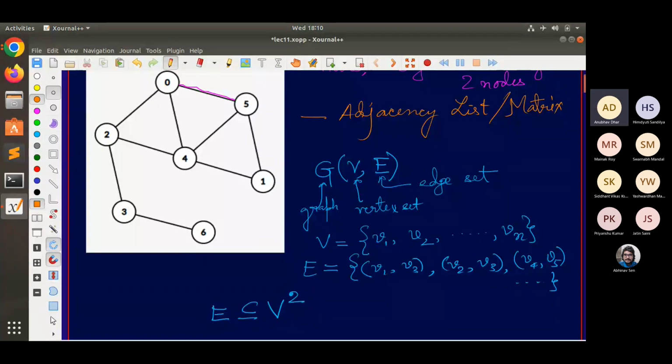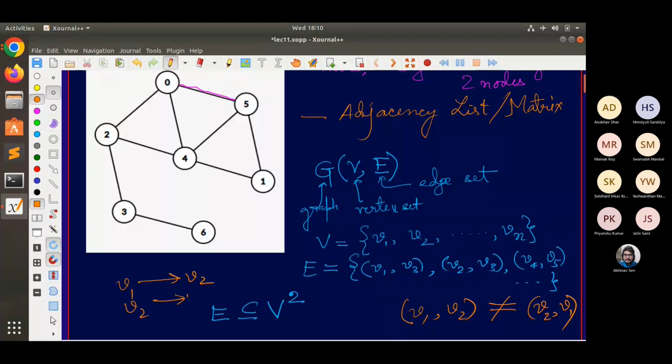For undirected graphs, you can assume that if (V1, V3) is present, then there is an edge between V1 and V3, and you no longer need (V3, V1) to be present. But in directed graphs, these carry different meanings. So in a directed graph, (V1, V2) does not necessarily imply the same thing as (V2, V1), because you can define the first one to be from V1 to V2 and the second one to be from V2 to V1.